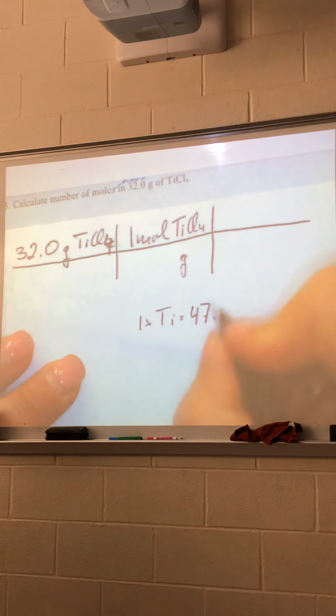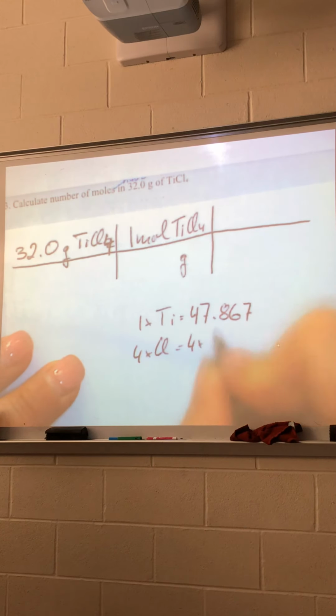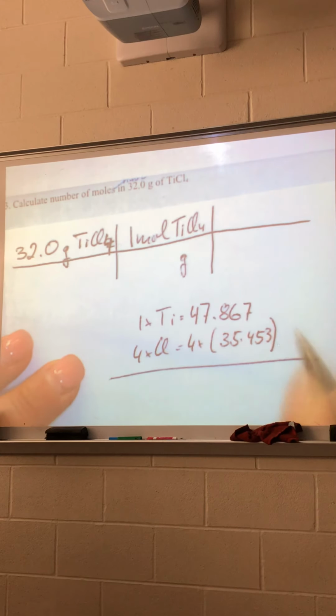47.867. And then I have 4 chlorides, right? Which is 4 times 35.453. Okay, you add it up, multiply it, add it up, what do you get?